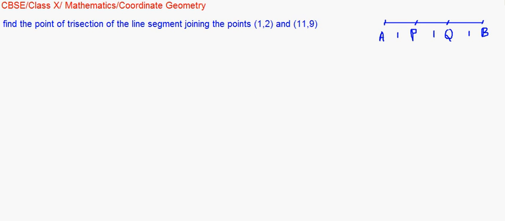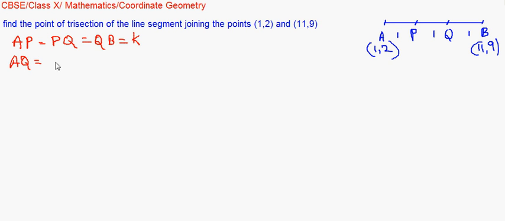So A is given by (1, 2), and B is given by (11, 9). We have to find PQ's coordinates. Let me take that AP is equal to PQ is equal to QB, given by K. In such a case, AQ is equal to AP plus PQ, which can be written as K plus K, which I had assumed them to be.